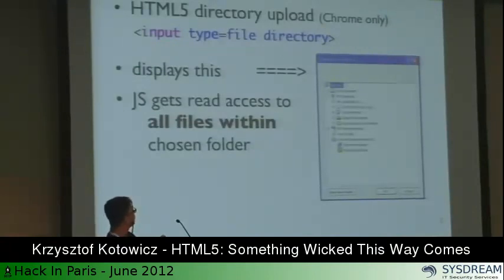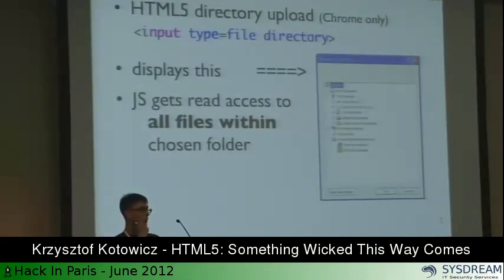It's a directory upload. So as soon as you have an input type equals file element on your web page, and you just give it a directory attribute, clicking on that input will not present you with an interface to upload a file. It will present a standard browse for folder Windows dialog or OS X dialog or whatever operating system you are using.